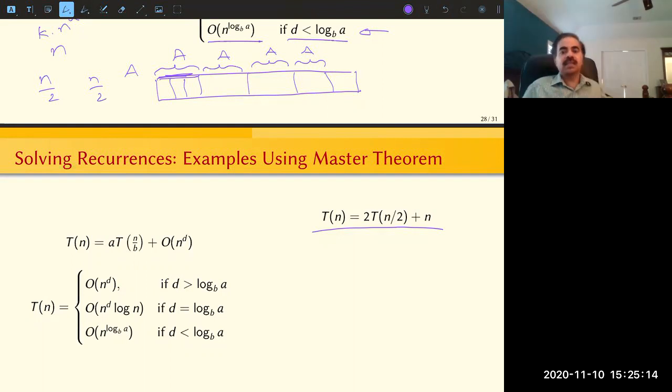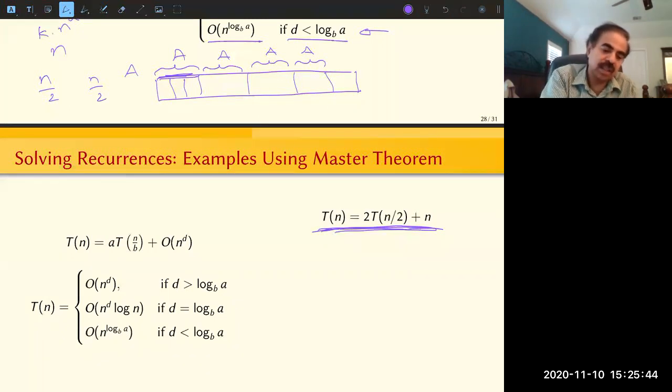Many of these sorting algorithms are of this divide and conquer type, and when you're trying to analyze their complexity, you often get this particular recurrence. We can use the master theorem to figure it out.